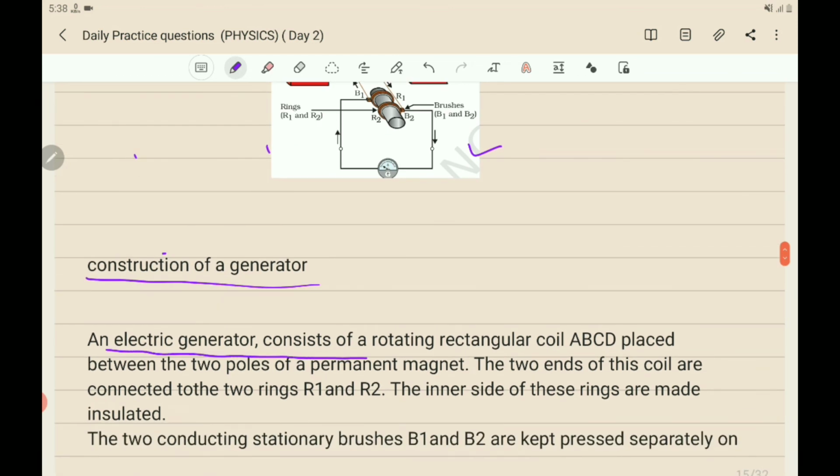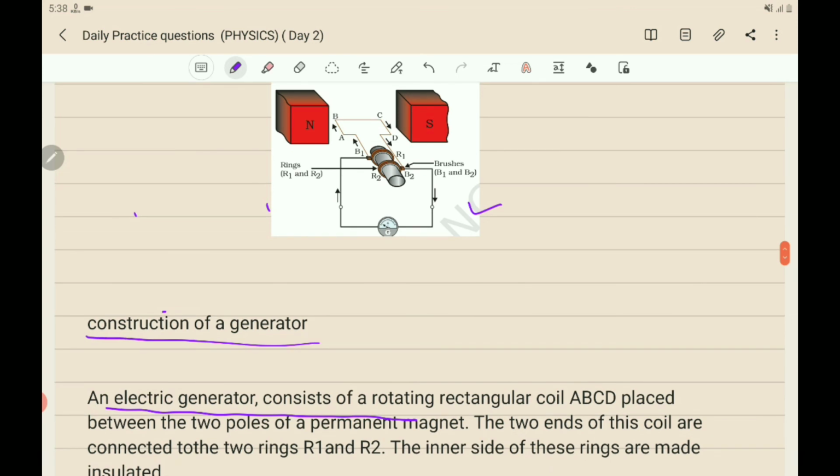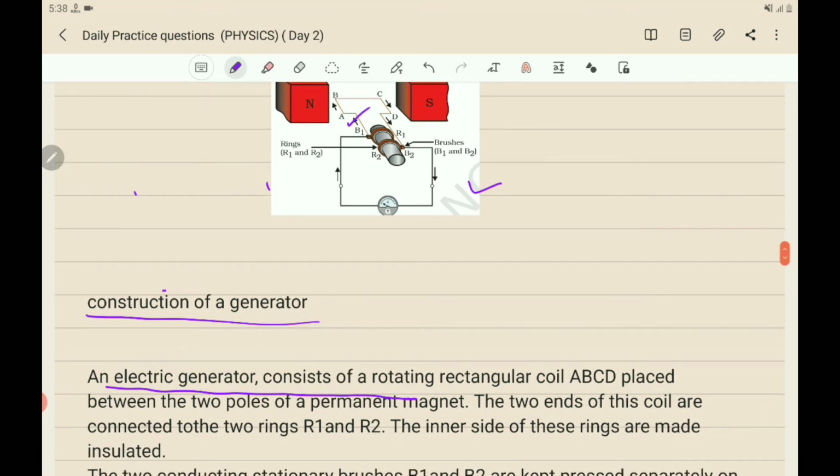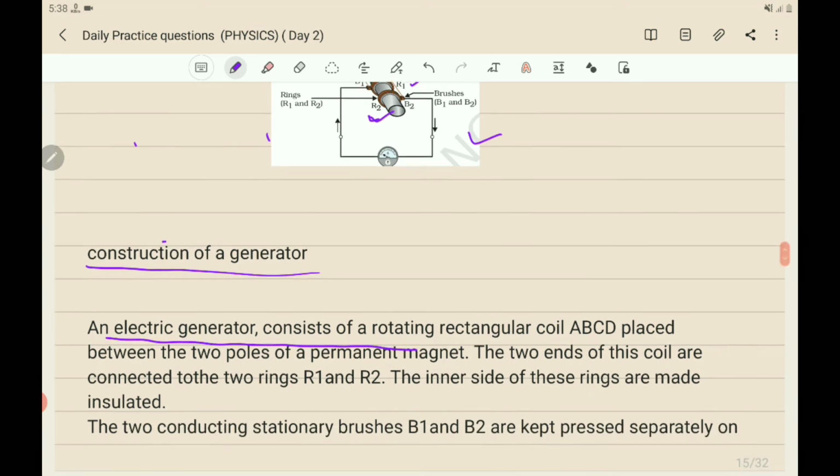An electric generator consists of a rotating rectangular coil ABCD placed between two poles of a permanent magnet. The two ends of this coil are connected to the two rings R1 and R2. The inner side of these rings are made insulated.